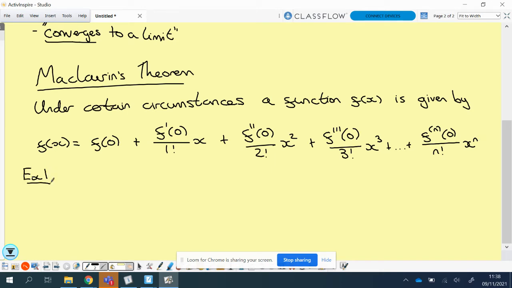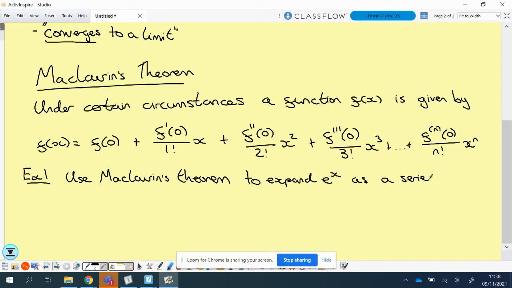Use Maclaurin's theorem to expand the function e to the x as a series of ascending powers of x.